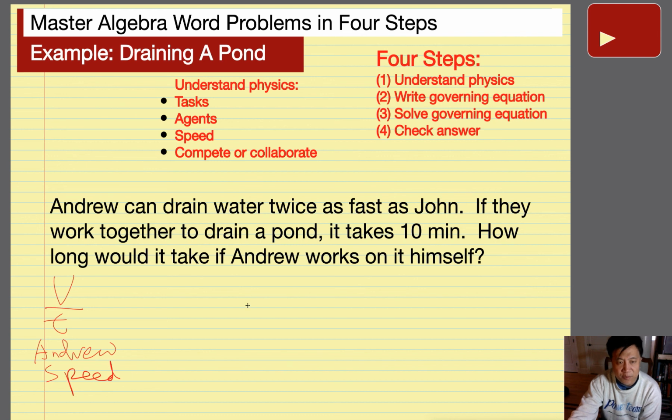And we know that the speed of John is half. So John's speed is V over 2t.